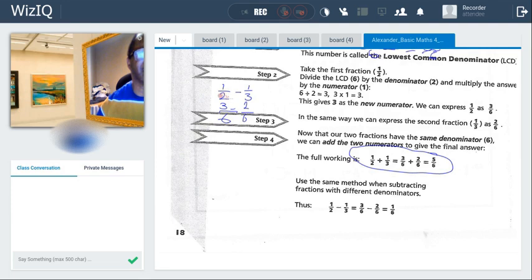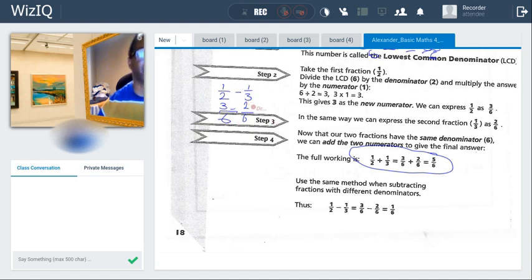So what I'm looking at is what I need to multiply this by and this by so that they are the same. If I multiply this one by 3, I'm going to have 6. If I multiply this one by 2, I'm going to have 6. So the top by 3, the bottom by 3, the top by 2, the bottom by 2. All I'm worried about is the bottom, not the top.